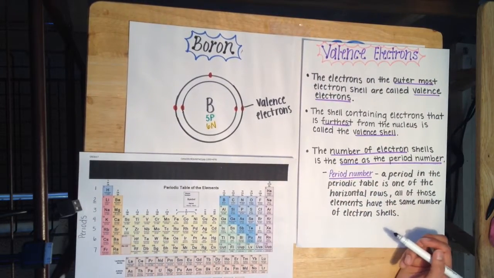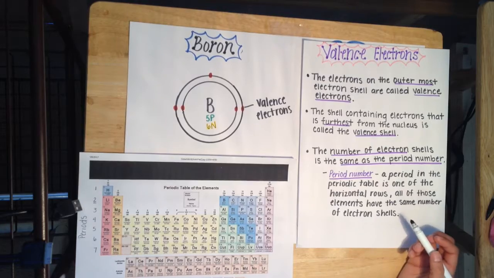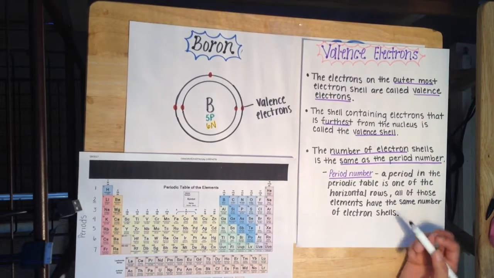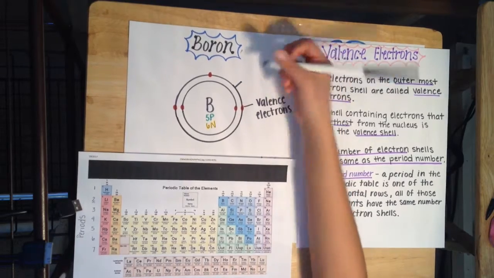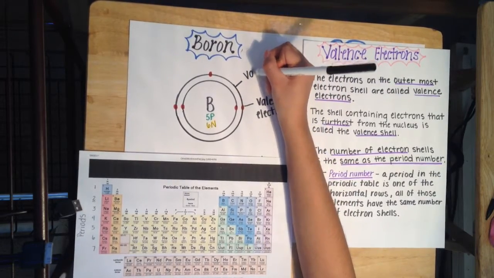Now, the shell containing electrons that is furthest from the nucleus is called a valence shell. So the shell that holds the valence electrons is called the valence shell.